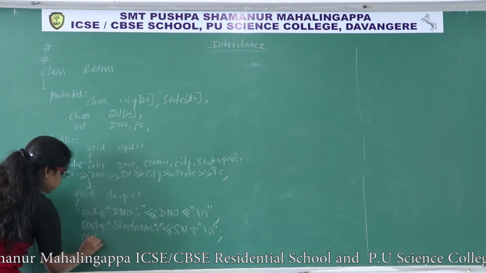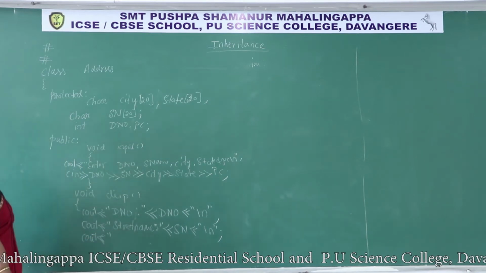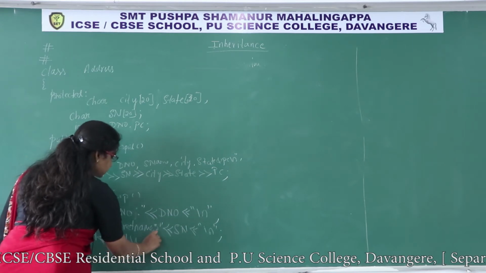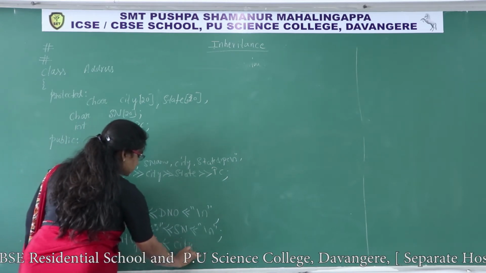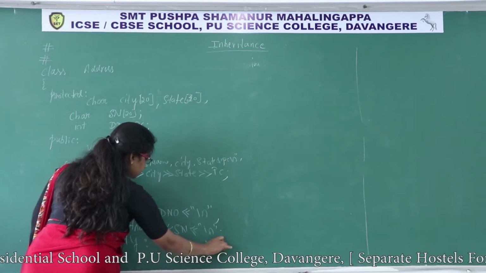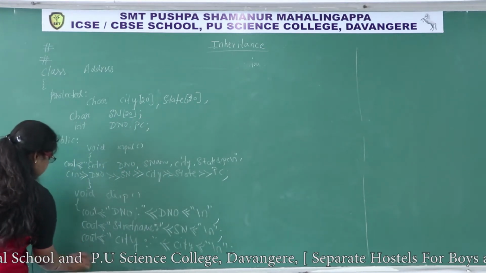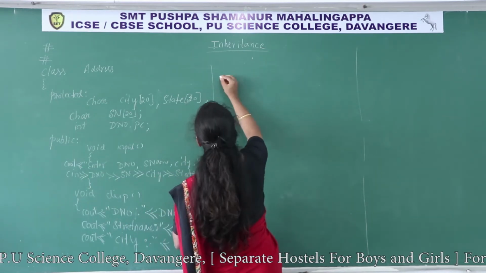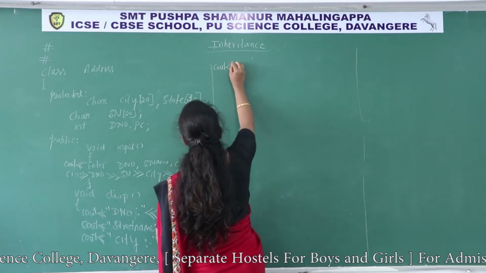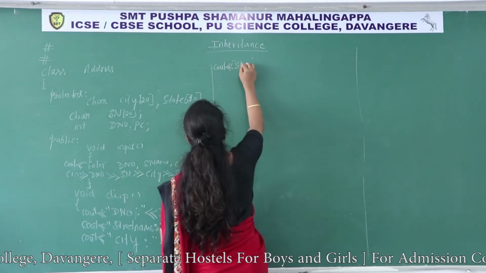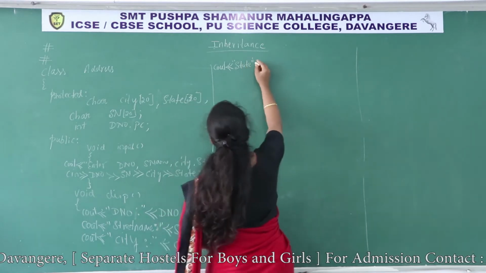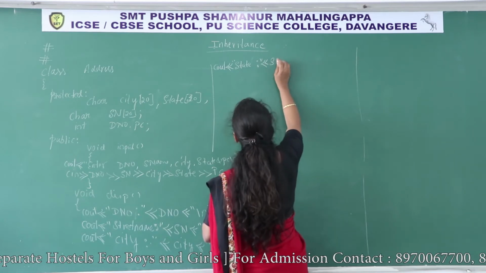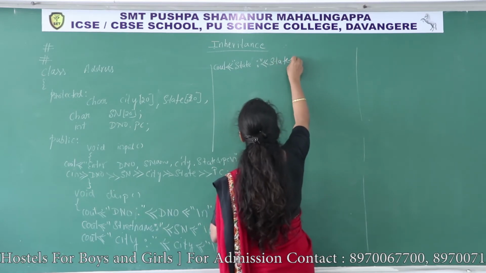Next, city. I'll continue here. Cout, state, state only, backslash n.